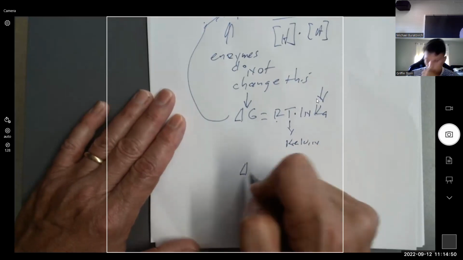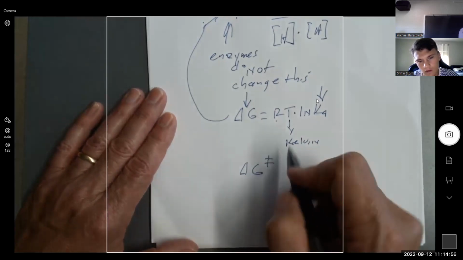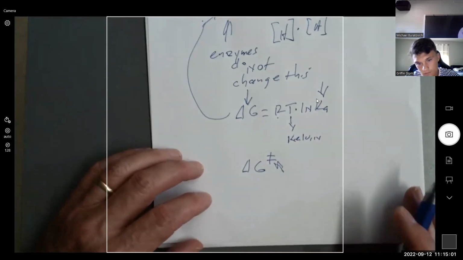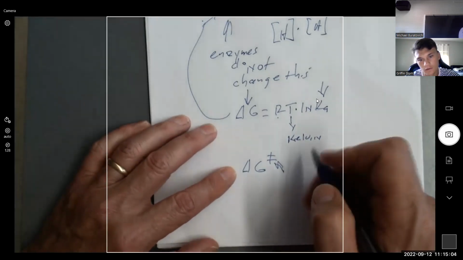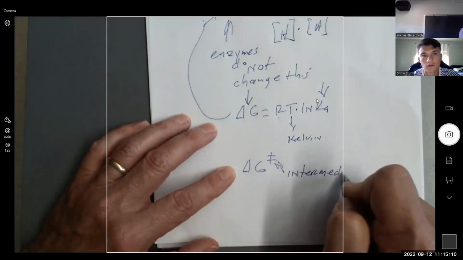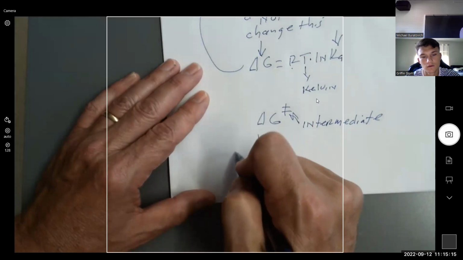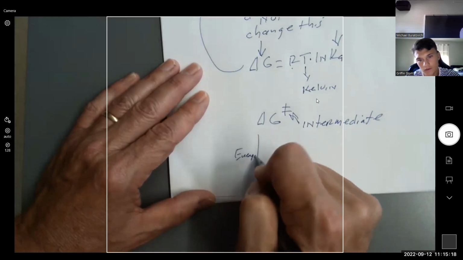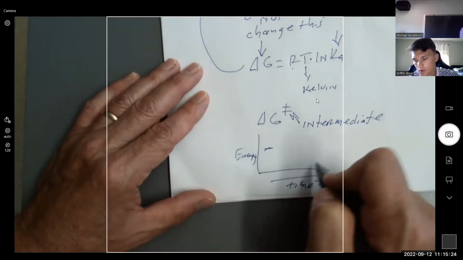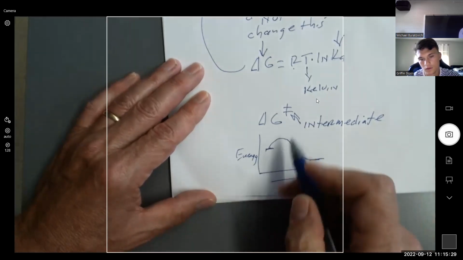What enzymes change is what's called in books the delta G double star. And what does this mean? That's a symbol that's put in to confuse people, basically. This is the energy of the intermediate. If you draw a graph of energy versus the progress of the reaction through time, you have the energy of the reactants, the energy of the products, and there's some sort of energetic hump the reaction has to go through.